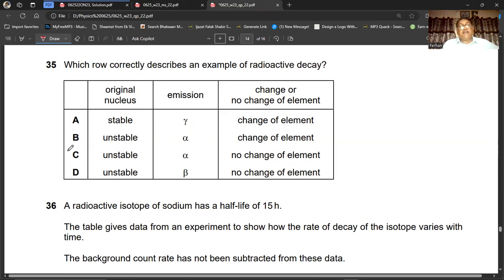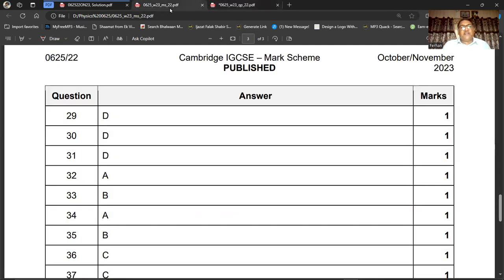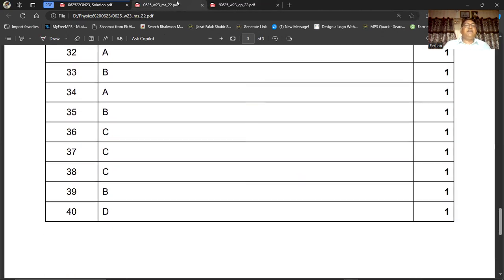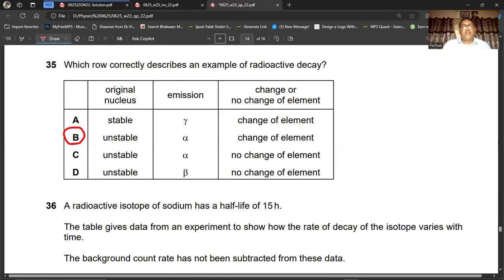So this is the best statement. You see, beta is also given here, but here it says no change of element. No, when alpha or beta is given out, the parent nucleus changes into a daughter nucleus, which is of a different element. Question number 35, B choice. Yes, that's right. Question number 35, B is the right option, sir.